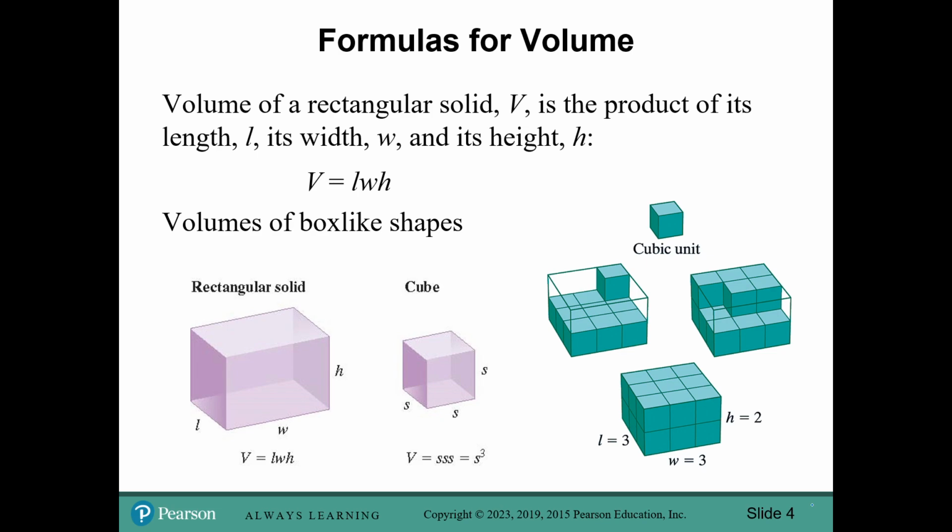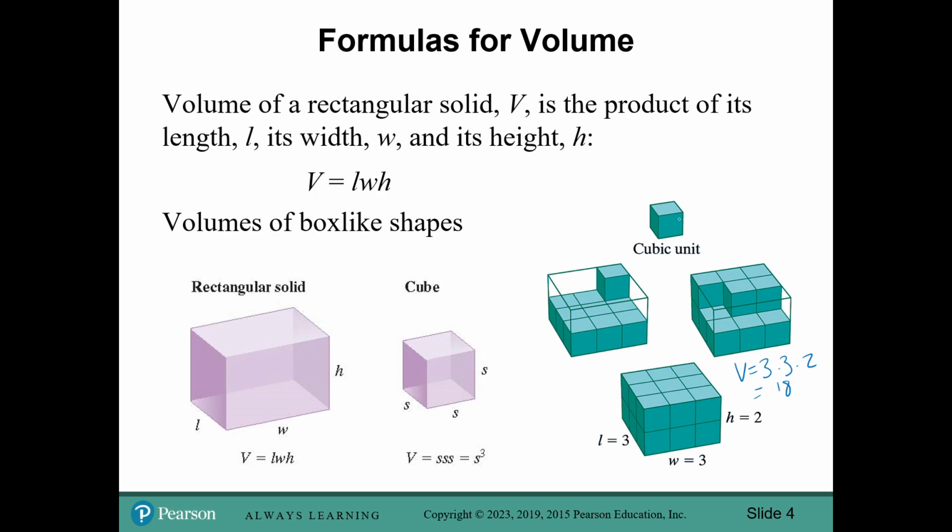Now, if you look at the figure over here in the bottom right hand corner, we have length of 3, width of 3, and height of 2. It's all made up of these cubic units here. 3 times 3 times 2 is what's going to give you the volume of this particular rectangular solid. 3 times 3 is 9, times 2 is 18.